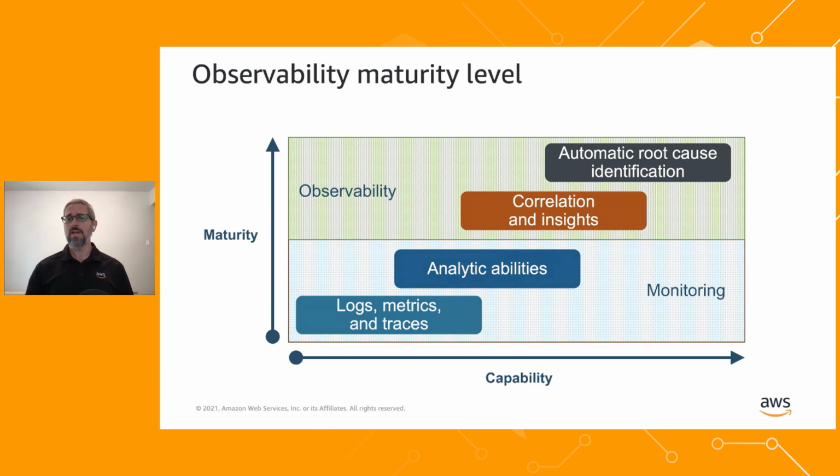There will be predicted behavior that a complex system will exhibit that can be forecast, and that you can have alarms created around to tell you if a system is behaving abnormally at that point in time. But having logs, metrics, and traces, and even analytic capabilities, it doesn't really build a very mature model for gaining observability.